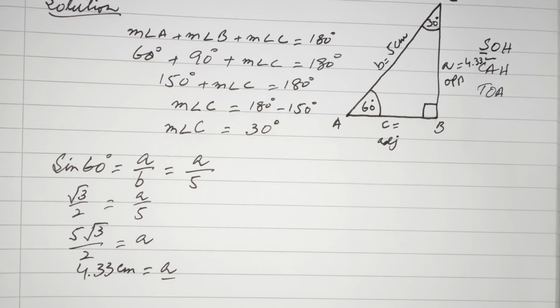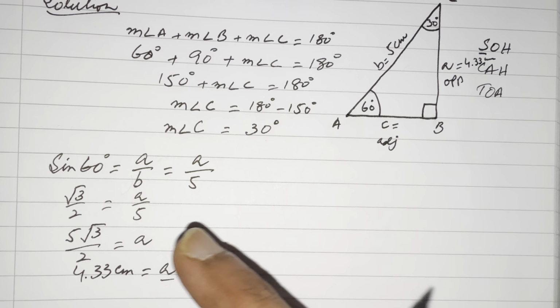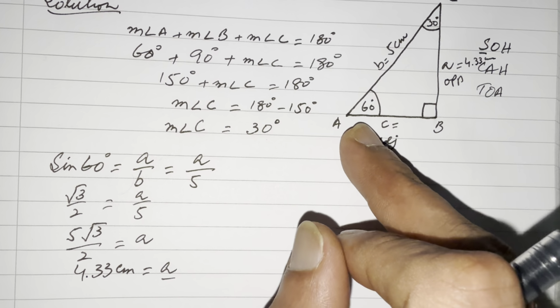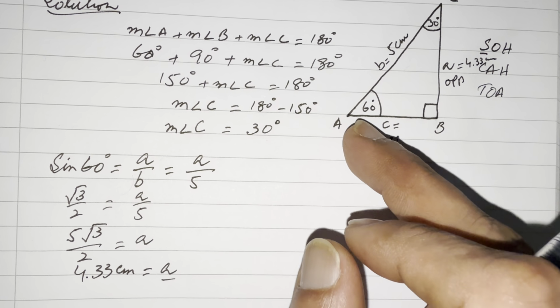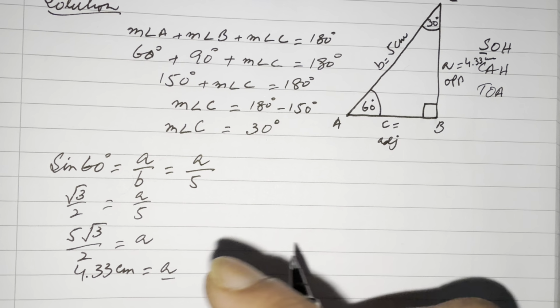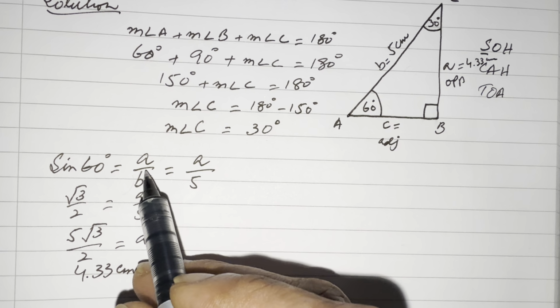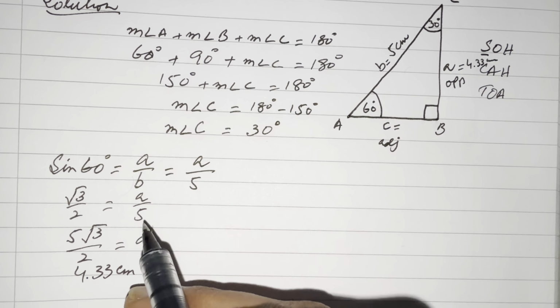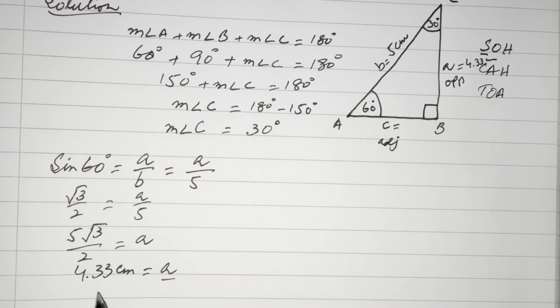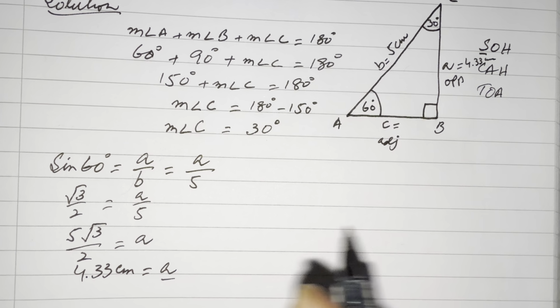So that's how we can find the length of the opposite side with the help of trigonometric ratio, with respect to angle 60. Sine 60 was opposite over hypotenuse. So we put the value of hypotenuse as 5, and after simplification we get the answer 4.33 centimeter.